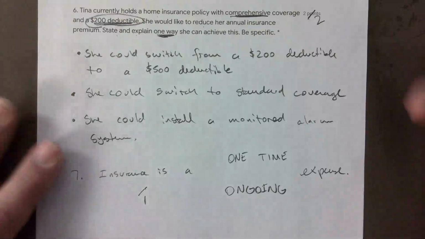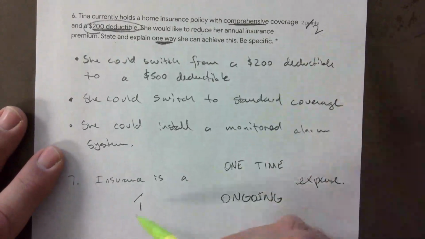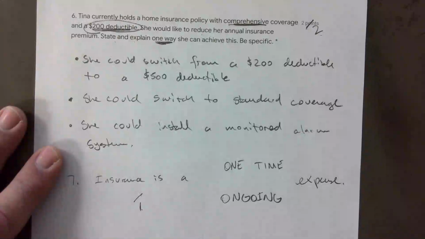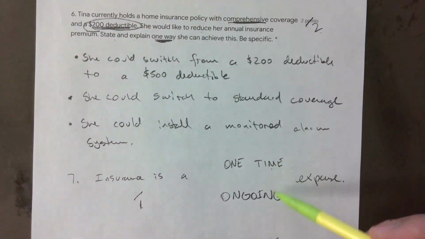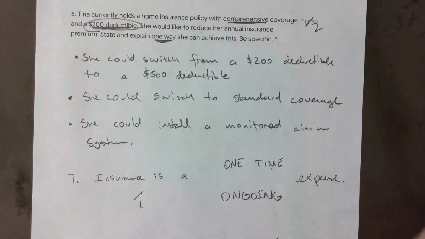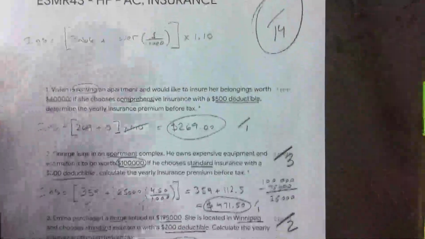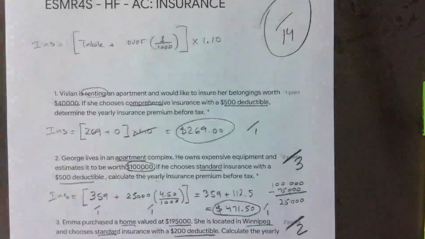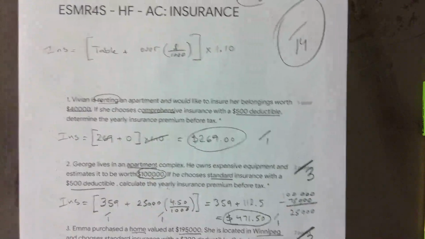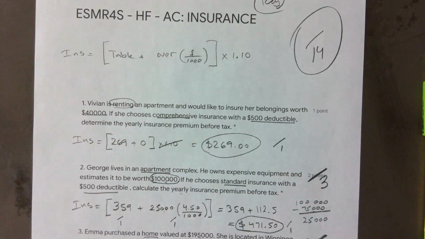So this backside, 2, 4, and 1, that's 5. So the backside is worth 5. Make sure you circle 1 of these. Okay. So that would be 14 total. The back side is 5, the front is 9, so that's a total of 14. Okay?